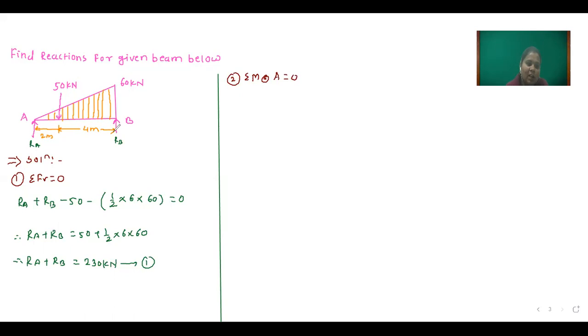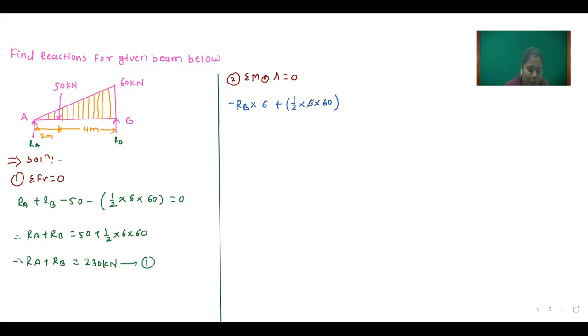Again, this RB creates an anti-clockwise moment, so this will be considered minus. So minus RB into perpendicular distance, which is 6. Then this 60 kilonewton uniformly varying load creates a clockwise moment, so we will consider it positive. First we will convert this into a load: 1/2 into base into height.